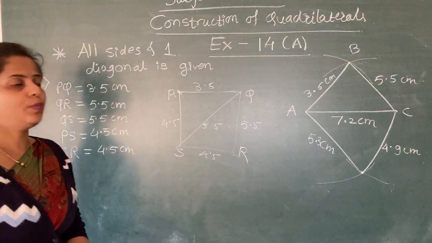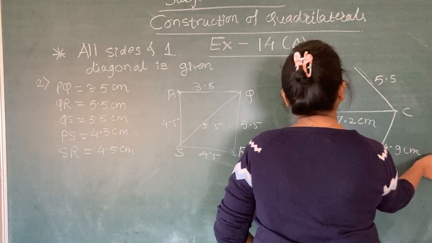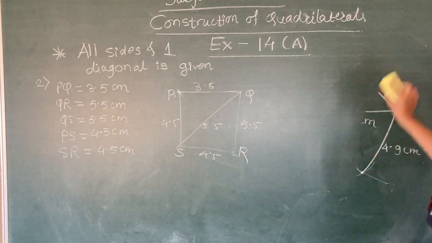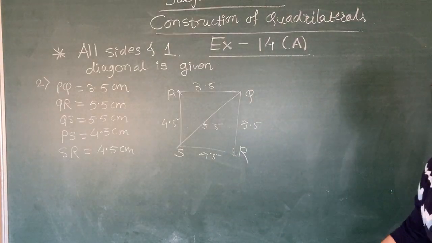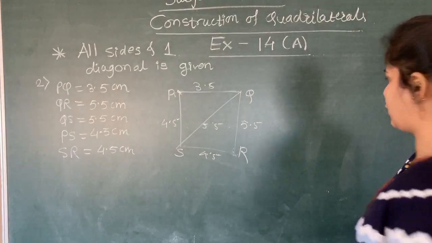Okay, how should we proceed? We have all the sides and one diagonal. So your diagonal should be a base. What should the diagonal be? It should be the base.